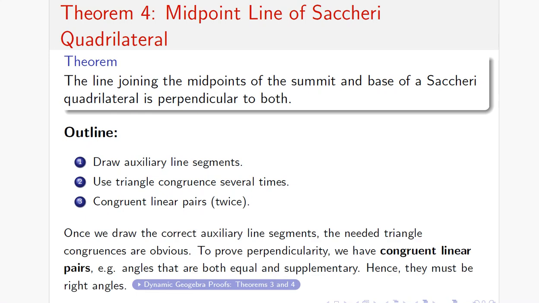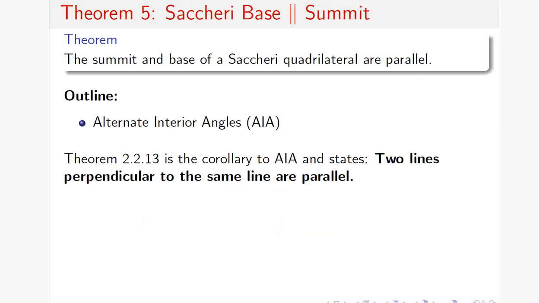The PowerPoint slides also make the point about the congruent linear pair to prove perpendicularity. However you list your outline, and everybody will be slightly different, the congruent linear pair is a key idea. Whomever you are, that's a key idea. All right, and moving forward.